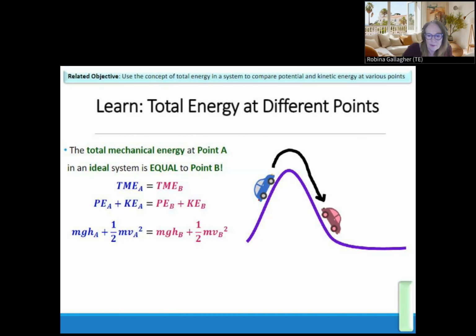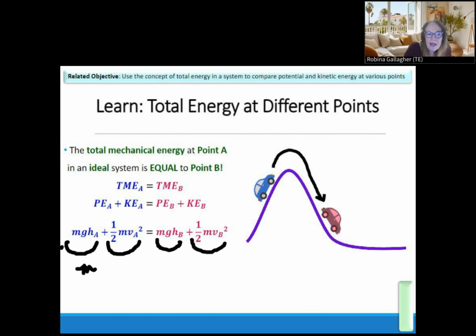If I look at these algebraic terms, okay, here's one term, here's another term, here's a term, and here's another term. What variable is repeated in every single term? What's in every single one of those terms? Is it the mass, the gravity, yeah, it's the mass, right?